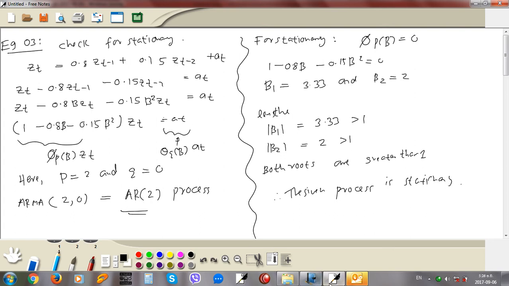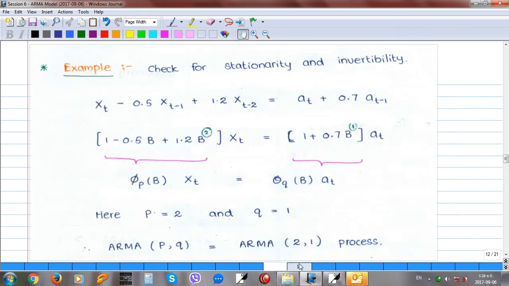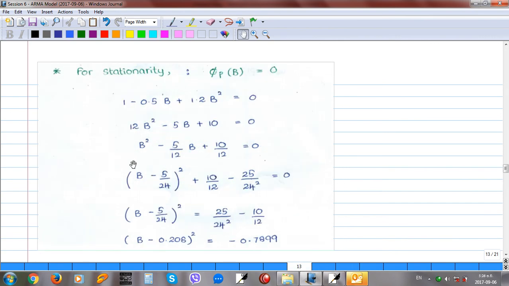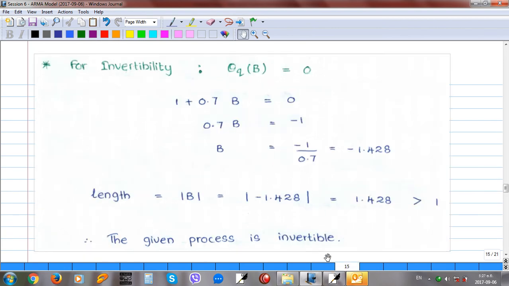That is how we can do the calculations. So we checked stationarity and invertibility in this lesson. We discussed those examples, and explained how you can solve the quadratic equation, by completing the square or any method you like, that is up to you. In the first example we found the process stationary and invertible.